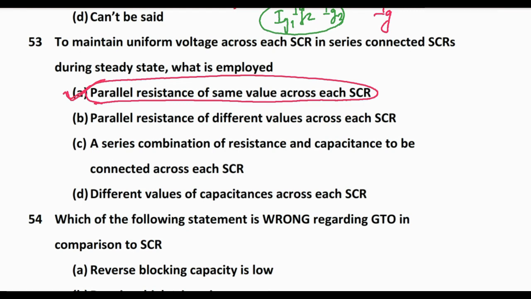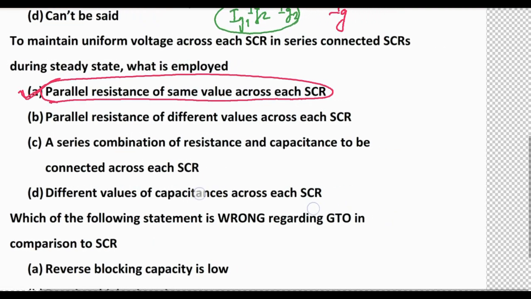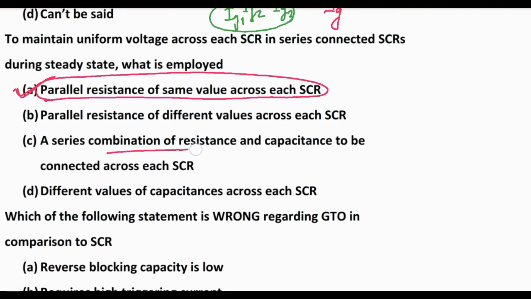But in case of transient condition, to maintain constant voltage across each SCR, we have to connect a series combination of resistance and a capacitance like this, and a bypass diode across each SCR.